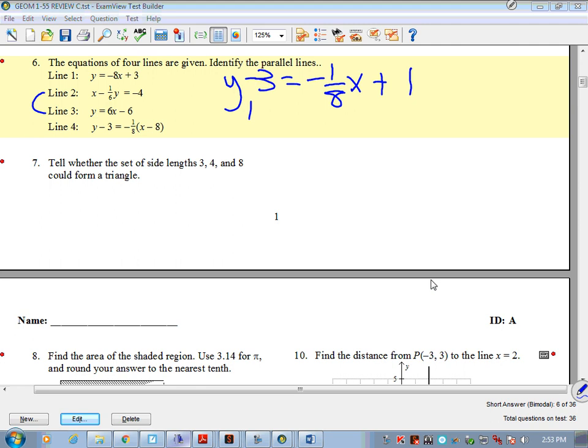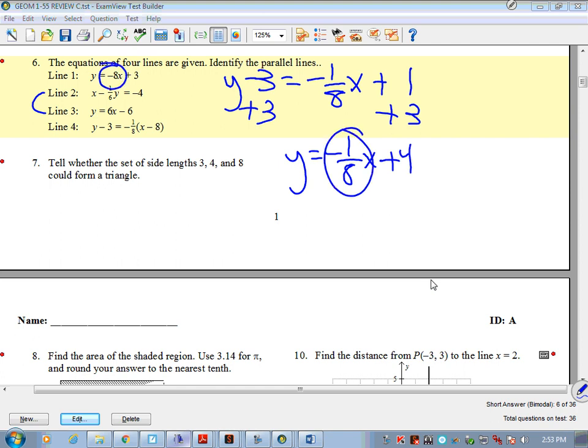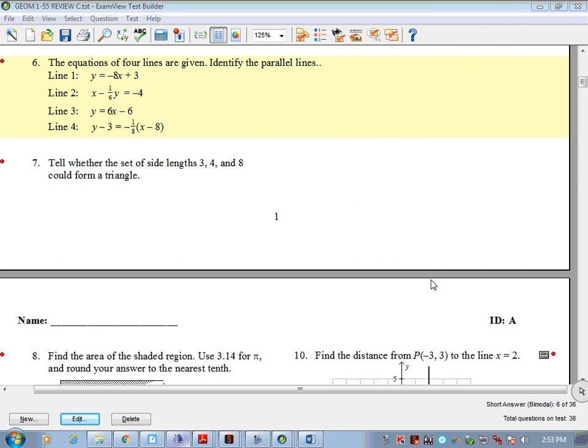And then we're going to add 3, so y equals negative 1/8 x plus 4. So we're looking at this slope and this slope. Not only are they not parallel, but they're not even perpendicular because they're both negative. So there's no special relationship between 1 and 4. So lines 2 and 3 are parallel because they have the same slope, and I showed those slopes by converting everything over to slope-intercept form.